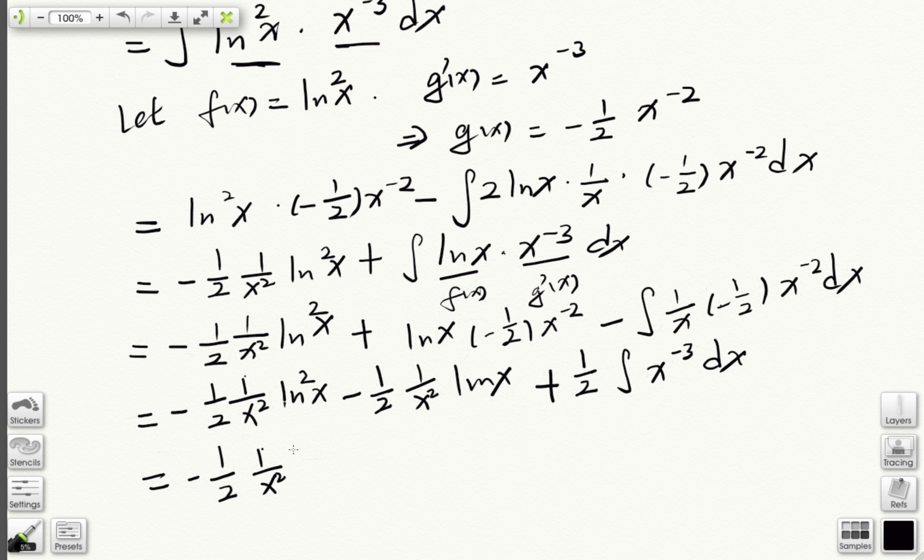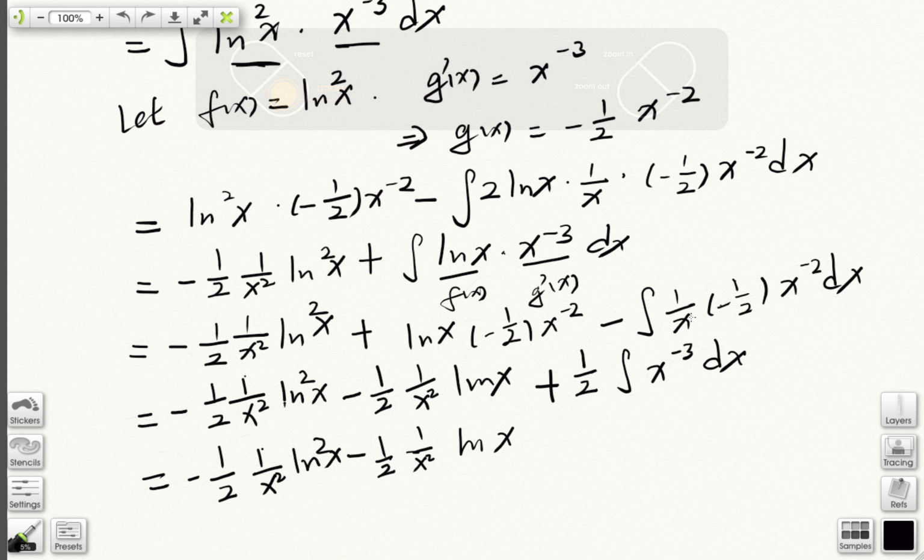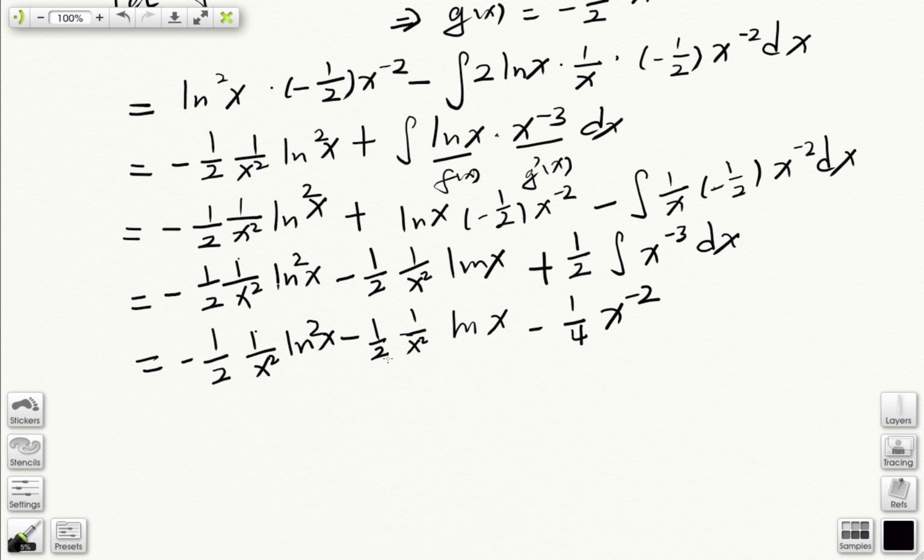So we copy this again, which is really tedious. Make sure you don't miss a sign or something, or otherwise you have to do this again. Okay, so we have a 1/2 here and a minus 1/2 here, so it's going to be minus 1/4 times x to the power of negative 2. So yeah, that's it.